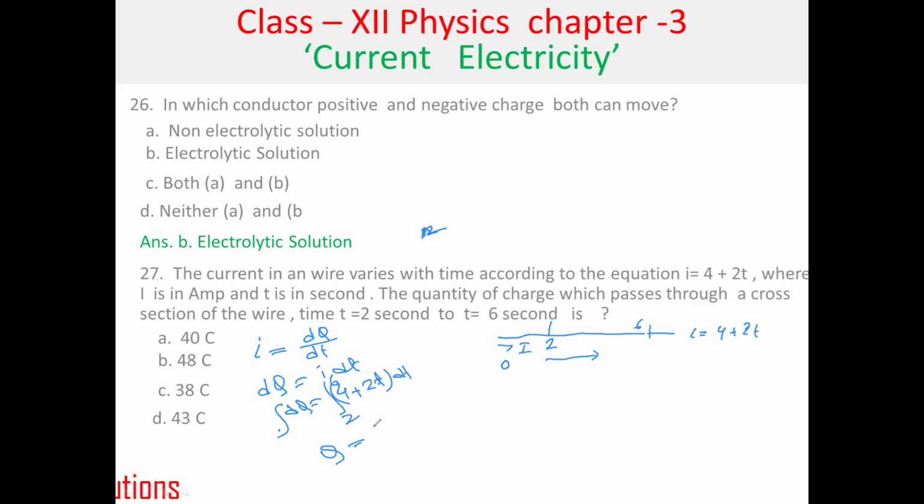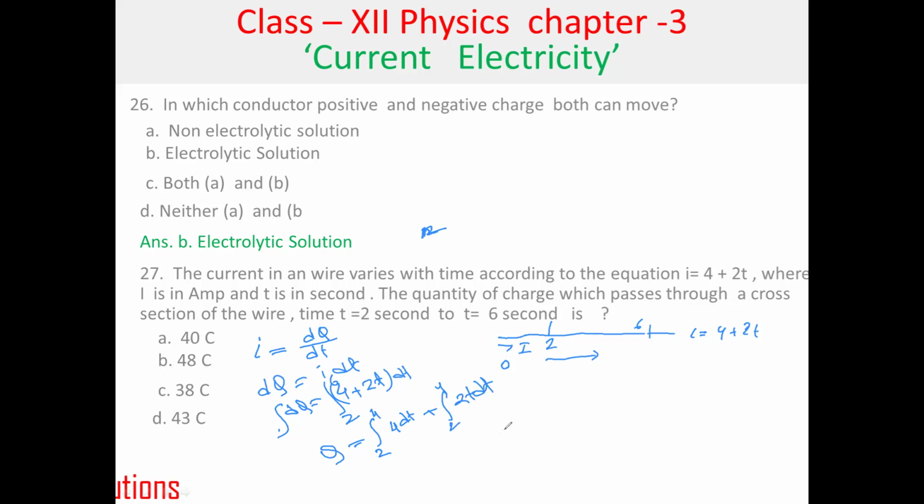Now here you see, I can write this as 4 dt plus 2t dt.